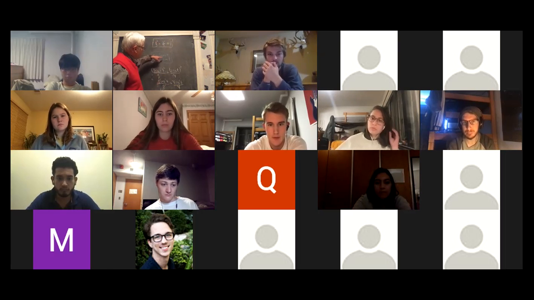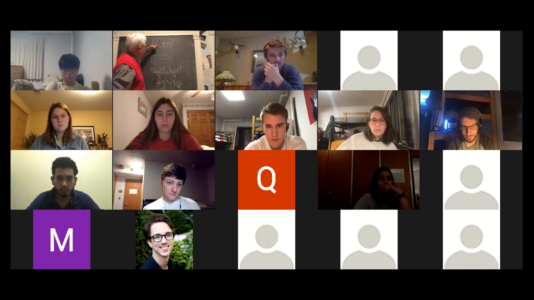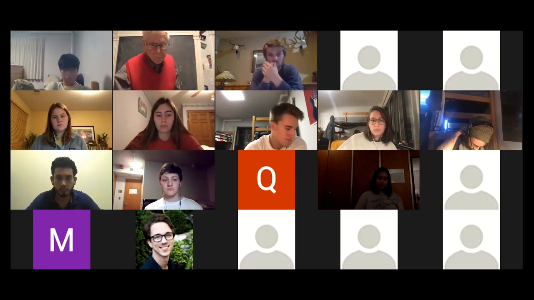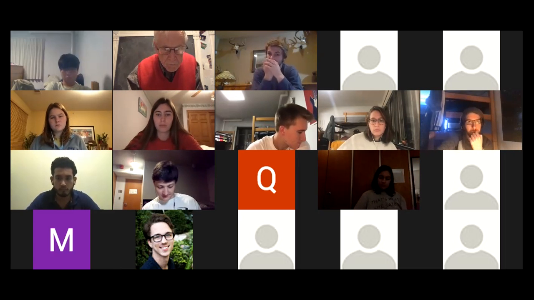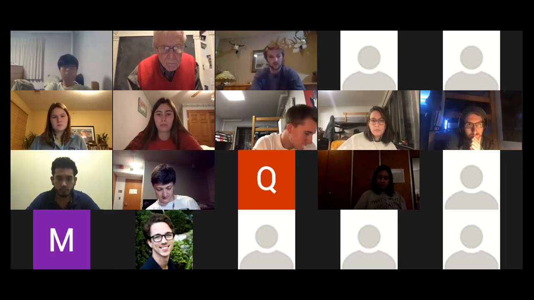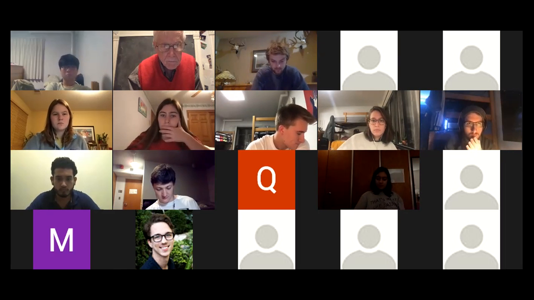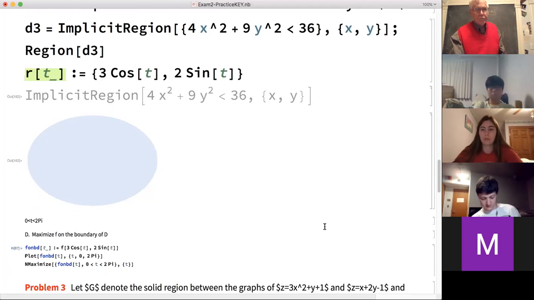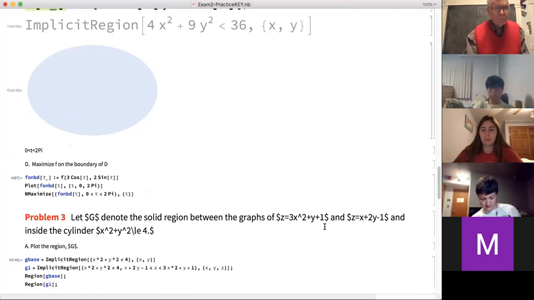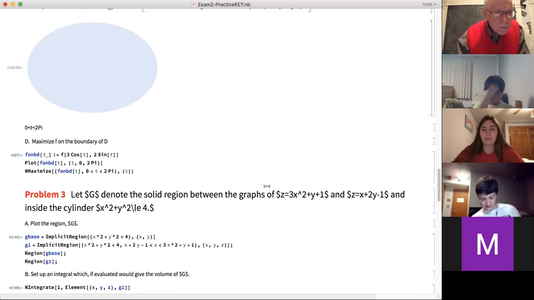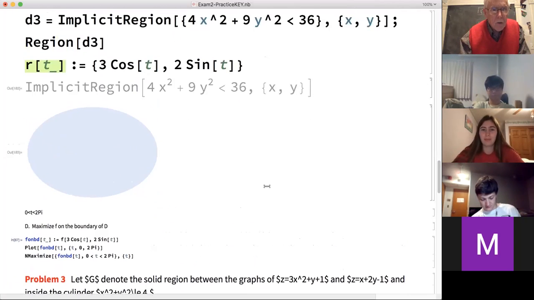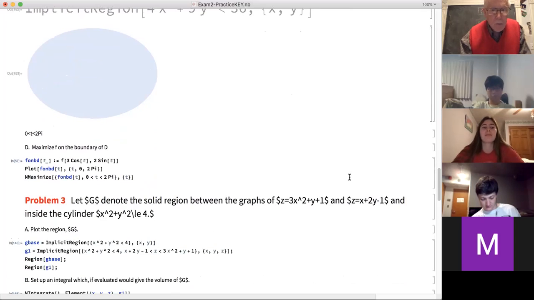So this is a parameterization of this shape. And so this is the boundary. R describes the boundary.